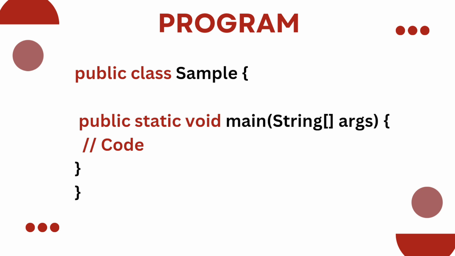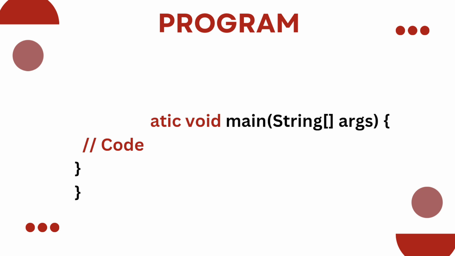Inside that method I'm going to pass one parameter, String array args, where the array name is args. Open and close curly braces. Inside that you can write whatever code you want, and you can call any method inside the main function. Then close this. This is a simple structure.